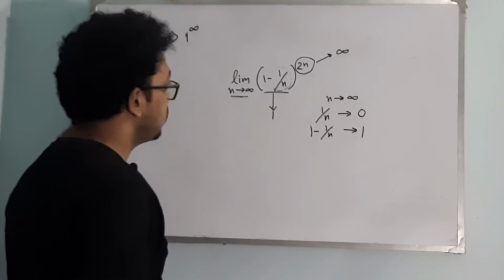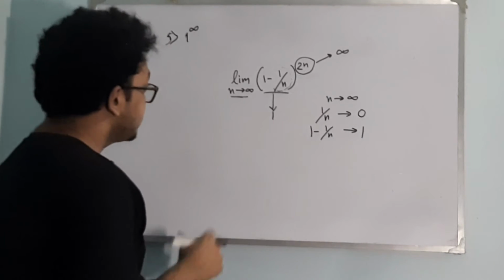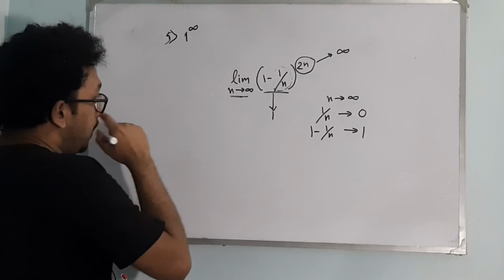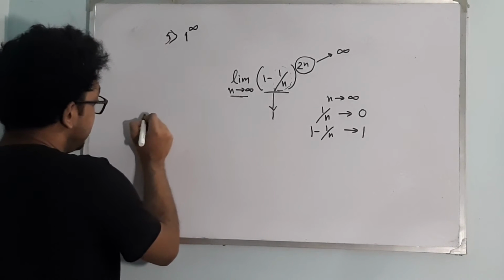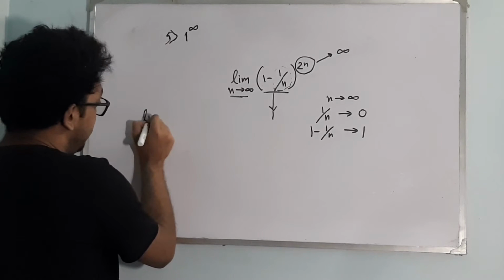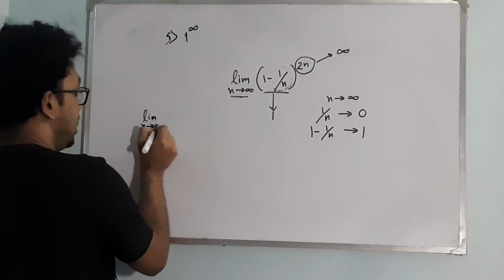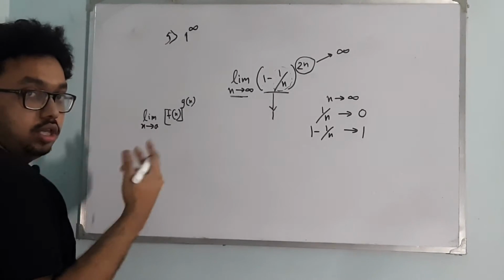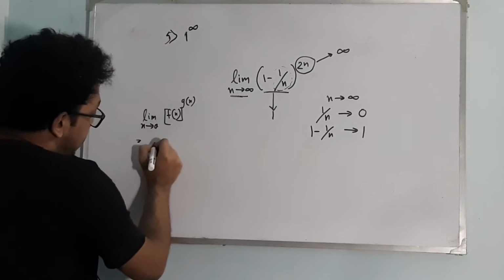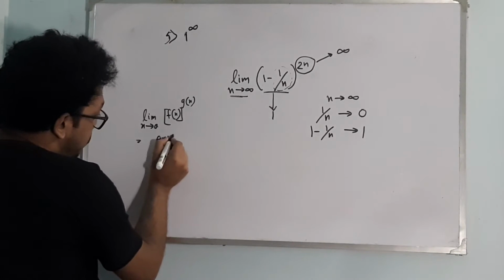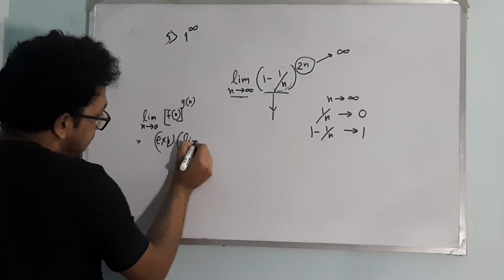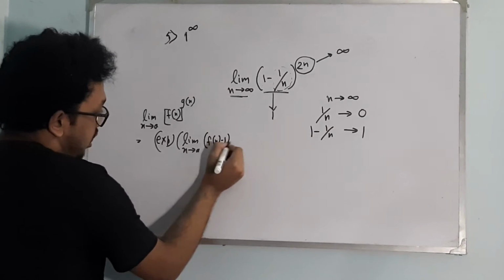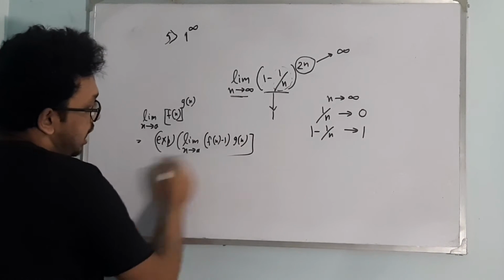And what is the general formula? What I said is that in the generalized case, if we have limit x tending to a, where f(x) to the power g(x) is a 1 to the power infinite form, in that case this limit will be the same as exponential of limit x tending to a of (f(x) minus 1) into g(x), right?